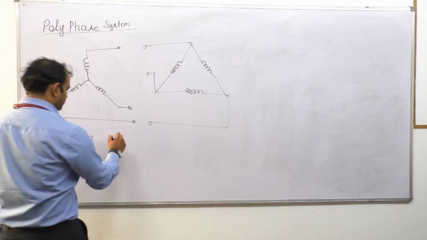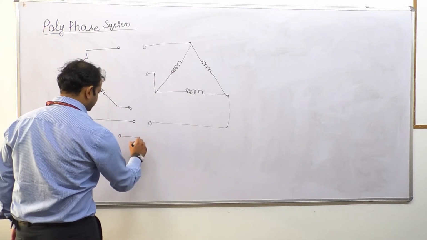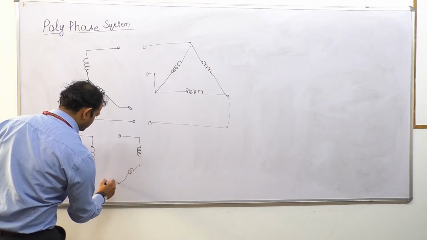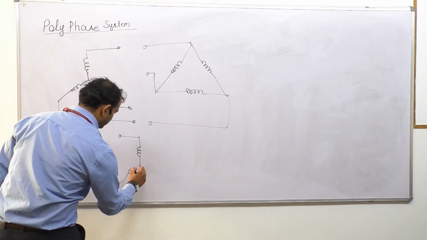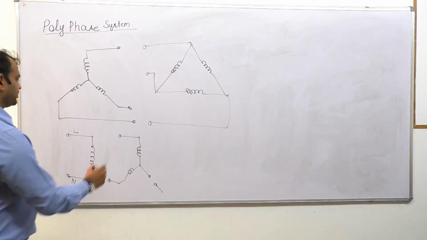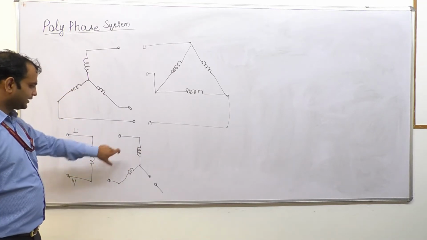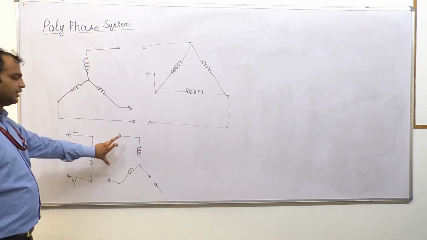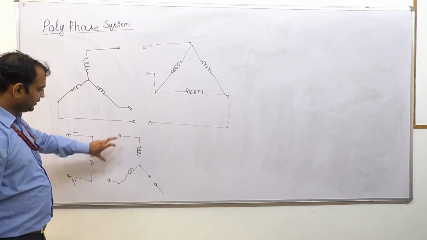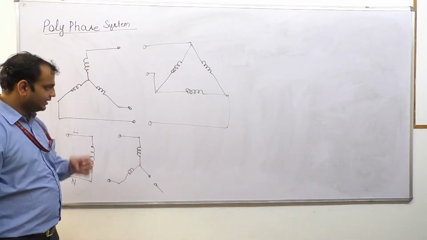In the case of a 2-phase system, it is open, right? We can say this is 2-phase, but both phases are connected. So 2 phases are connected and create a single circuit, but because different phases are connected, we say it is a 2-phase system, right?